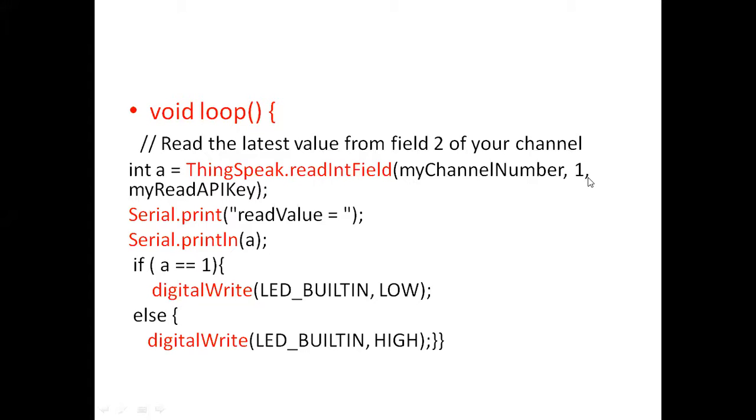Field 4 is the control field. My control commands are stored in field 4, so I will put my channel number, field 4, comma, read API key. Read the data and display it on the serial monitor. If it is 1, do something. If it is not 1, we want to turn the device on or off.